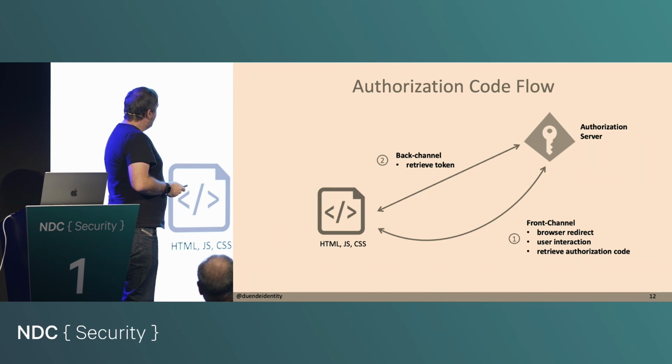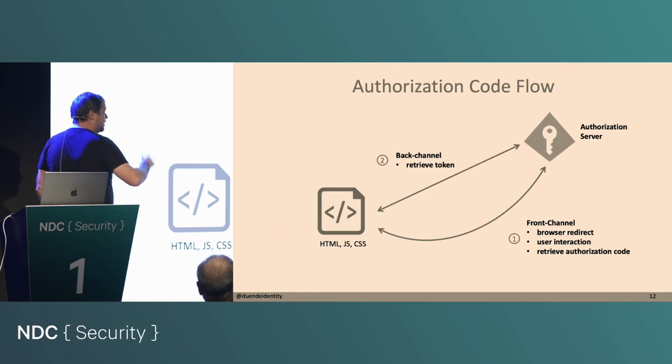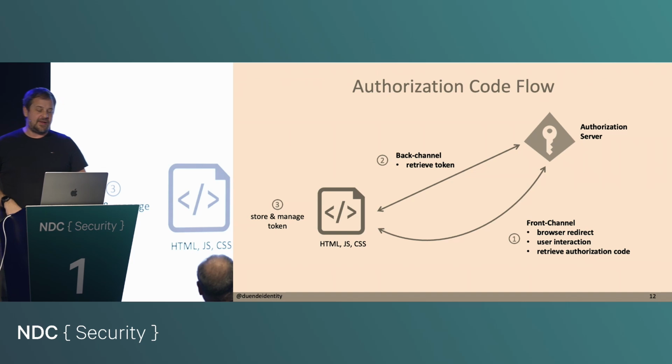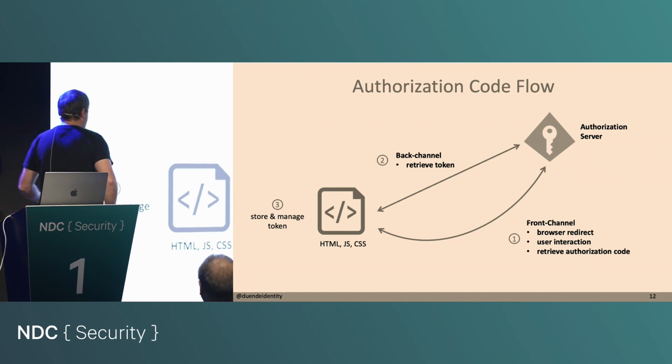which means it does not need to be transmitted over the URL anymore. Okay? So they solved one problem, but you still have to store that token and manage it inside the browser, which is the other half of the equation, which Philip just explained in great detail, and is not secure because we have the problem of cross-site scripting.